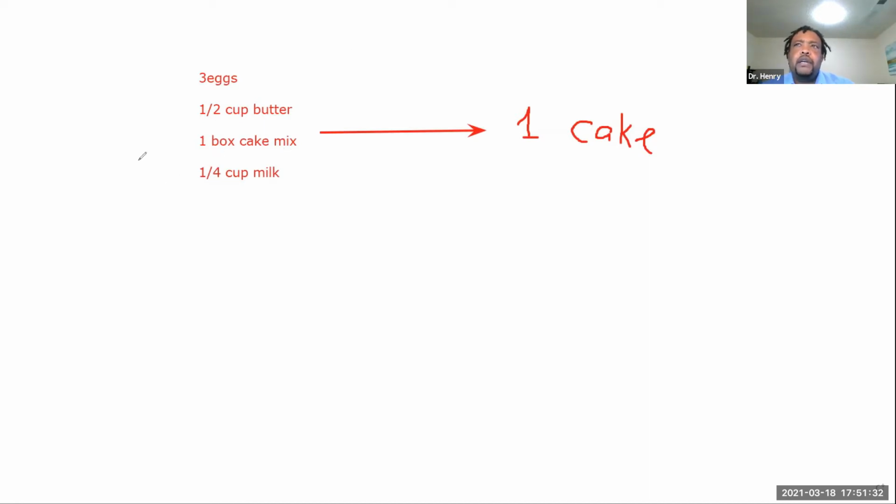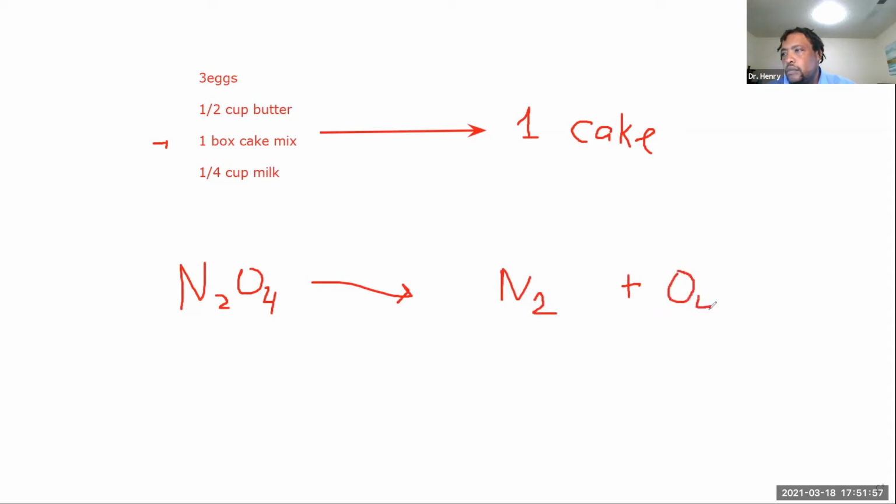Some of you were putting a -1 in front of, say, N or O2. So I saw somebody put a -1. Now logically, I'm making a box cake.